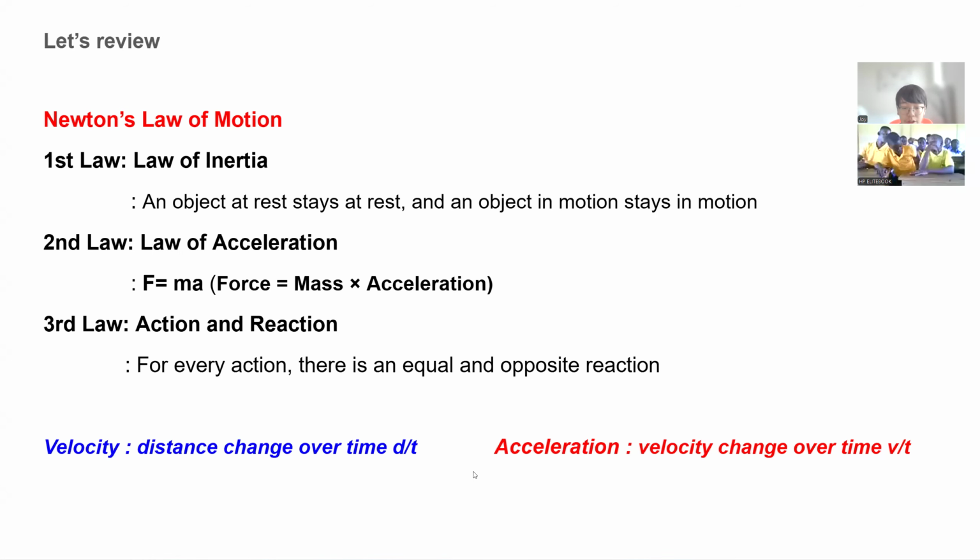But acceleration is the velocity change over time. So once you find the velocity, which is distance over time, you can find the acceleration, which is velocity over time. If you actually put it out, it becomes distance over time squared. That becomes the acceleration.